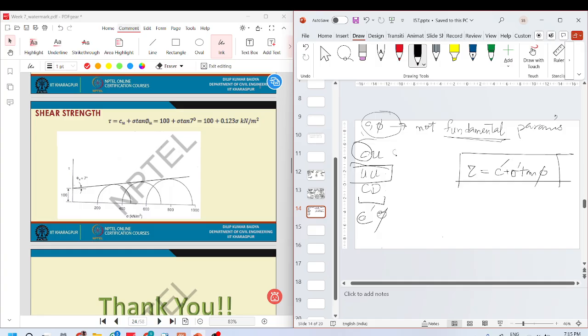This will give you something of a mixture. UU test will give you total parameters because you are not letting the water drain out. Some of the load is getting carried by the water, and the parameters that you get are of total stress. So this is undrained loading.